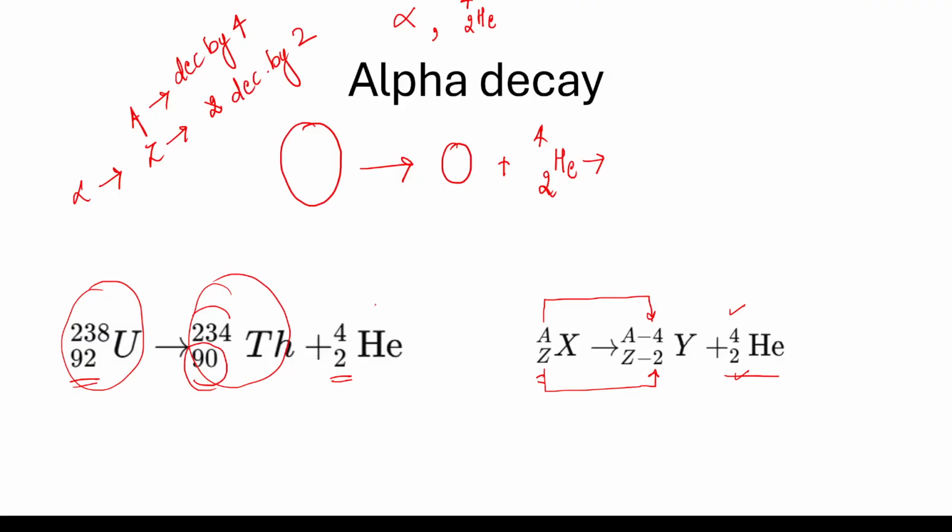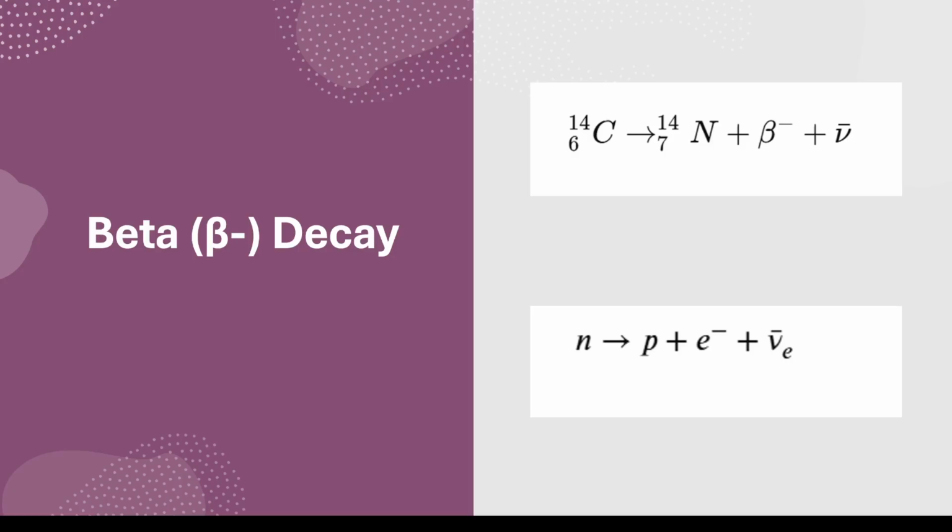It'll make more sense. Now, if it is a beta minus decay, as I told you earlier, it has too many neutrons, and it would become stable by emitting neutrons. So it doesn't emit a neutron. What happens is a neutron decays into a proton, because there were too many neutrons. Now it has one extra proton, and it emits one electron which comes out of the nucleus as a beta minus.